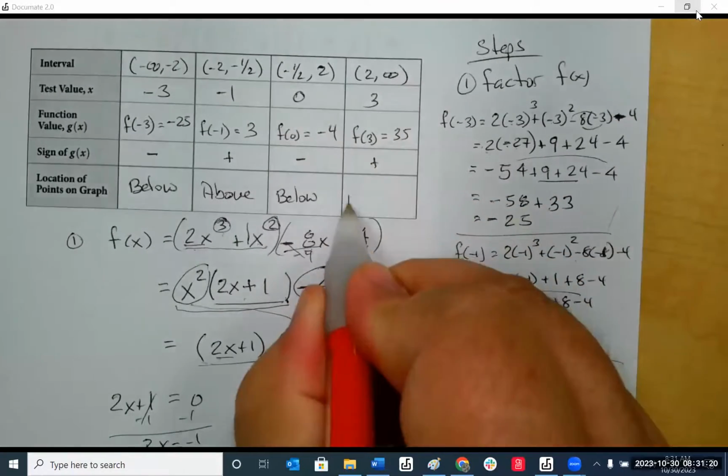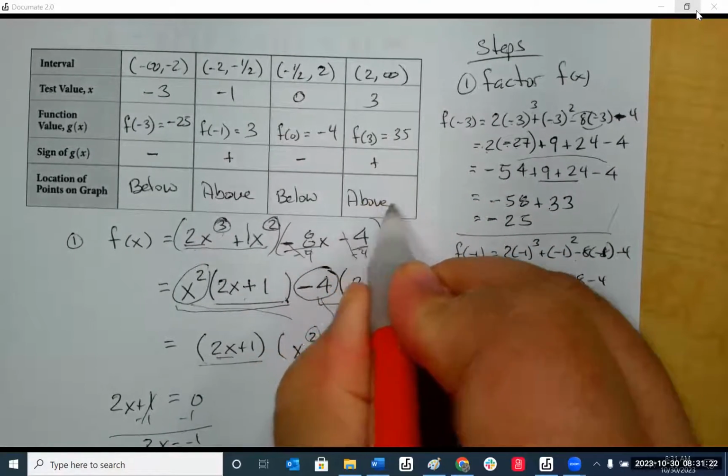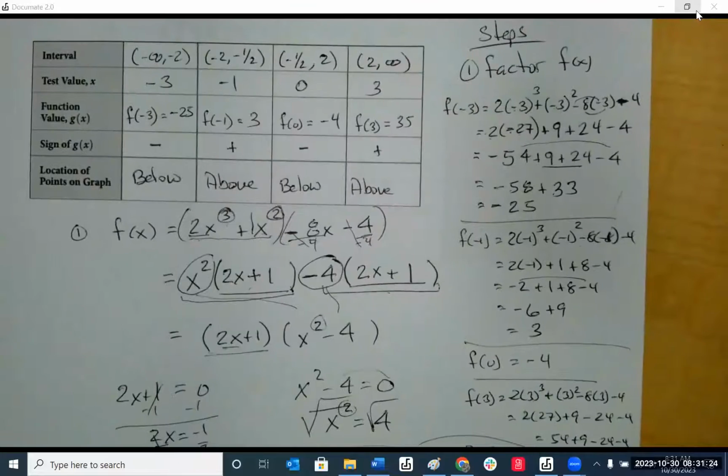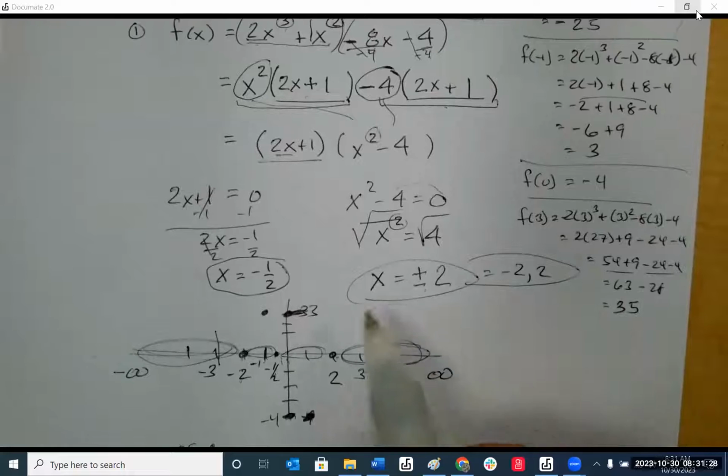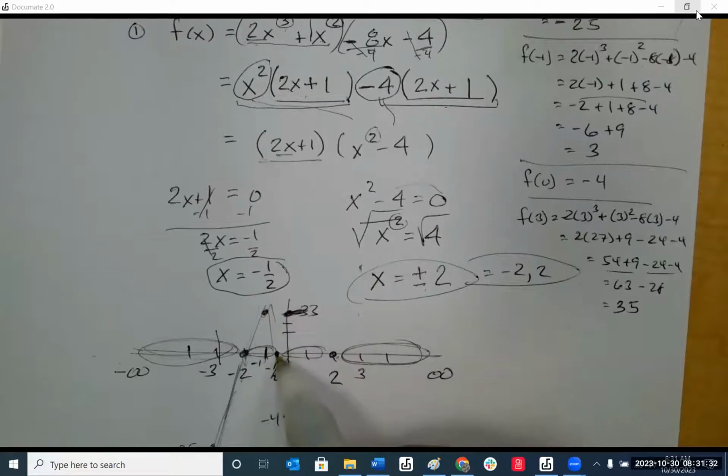It's positive, so it's above the x-axis. All this stuff gives us a guide of where the dots are going to be. So at 3, it'll be up here. So our graph will look something like this.